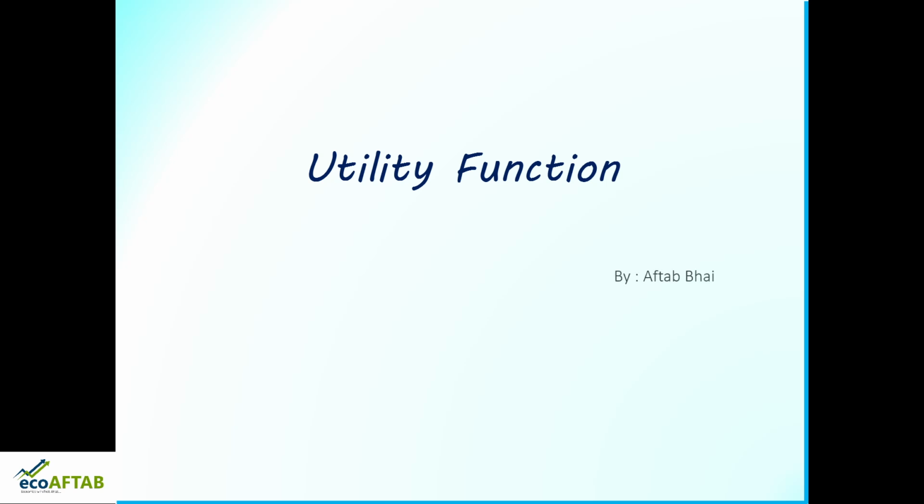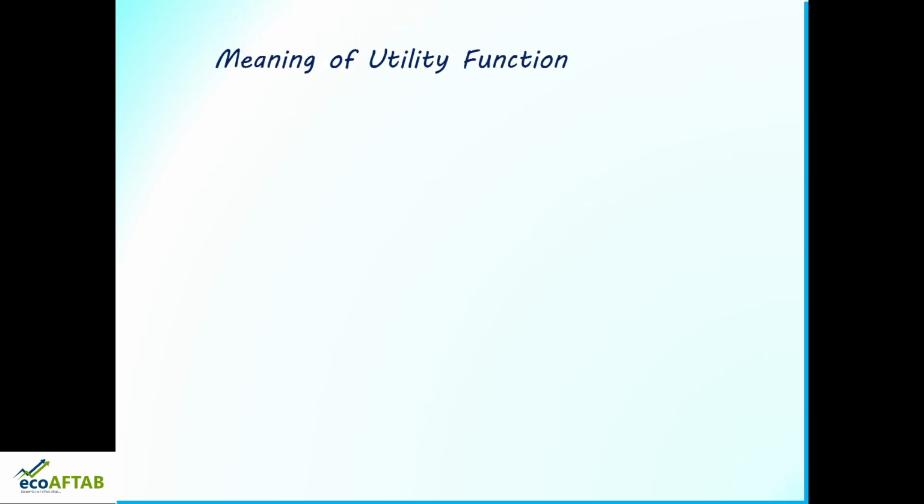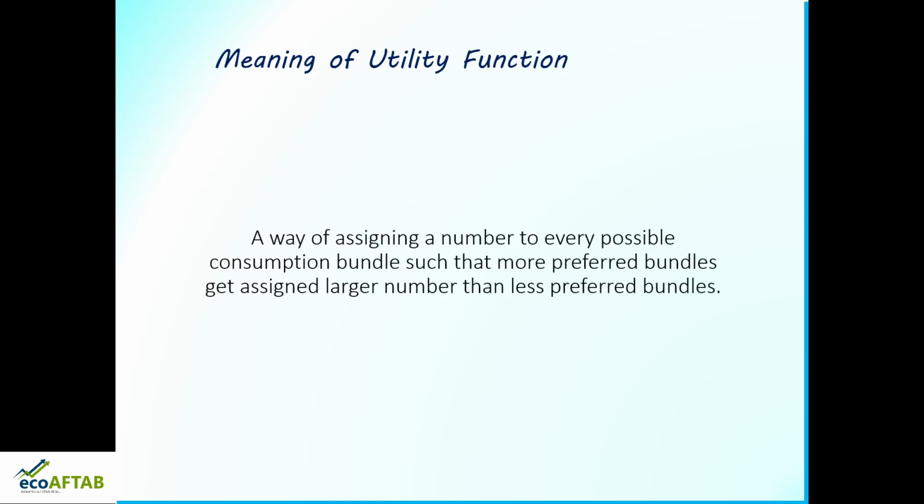So first and foremost, what do you mean by utility function? Friends, a utility function is a way of assigning a number to every possible combination bundle such that more preferred bundles are assigned larger numbers than less preferred bundles. So what does it mean?